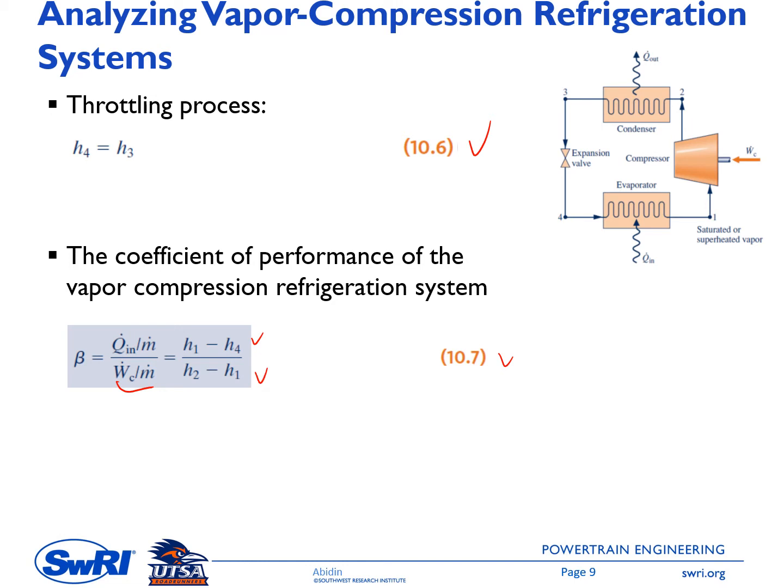You can see in here that when we are analyzing a vapor compression refrigeration system, the first step is to fix the properties at each state, at each operating point here, point 1 through point 4. Once we get the enthalpy at each point, we can start calculating Q dot in, WC, and then Q dot out, and finally beta here.